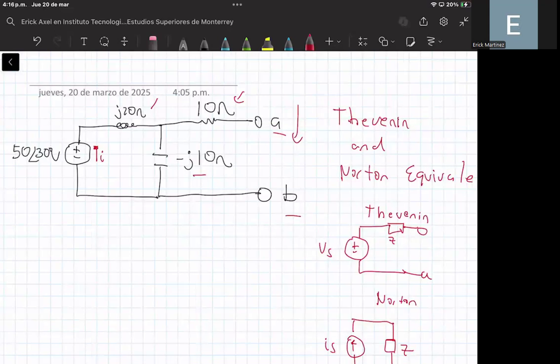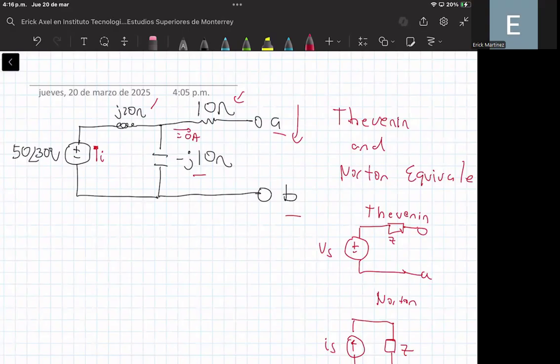But you can notice that there will be no current flow through this direction, okay? We will have 0 amperes in this direction. And the reason for that is that we have an open circuit between terminals A and B, okay?